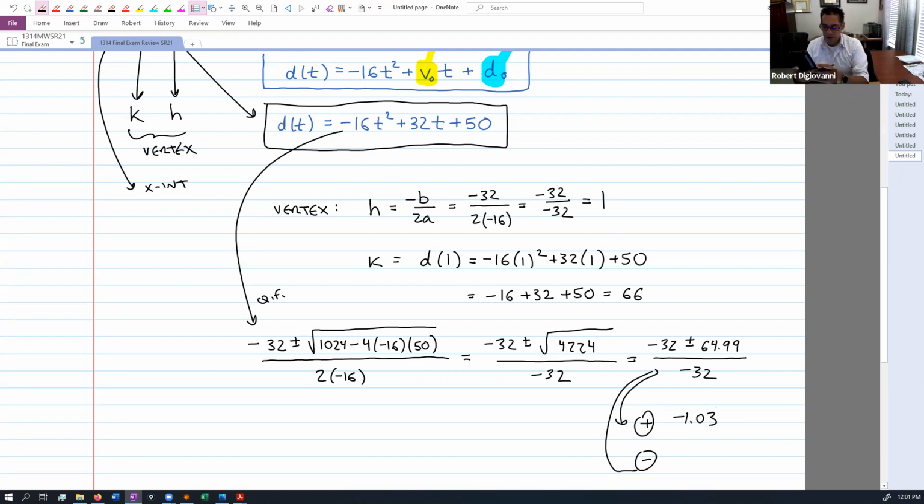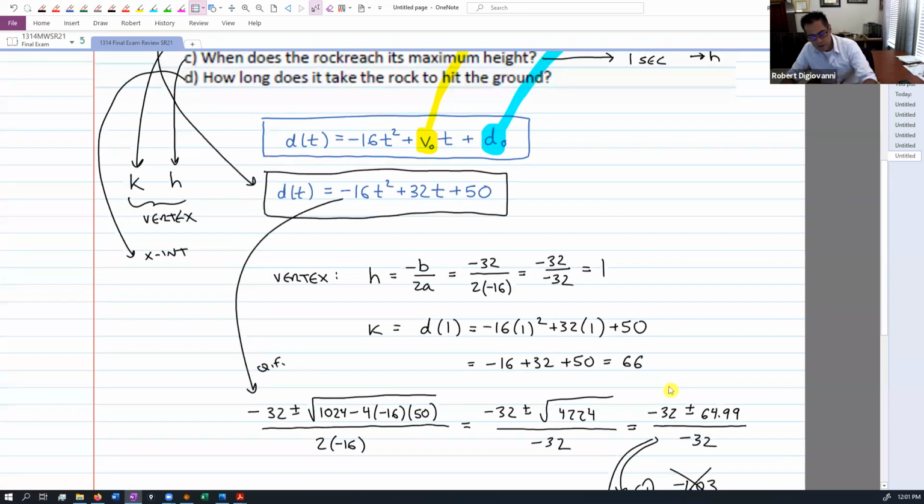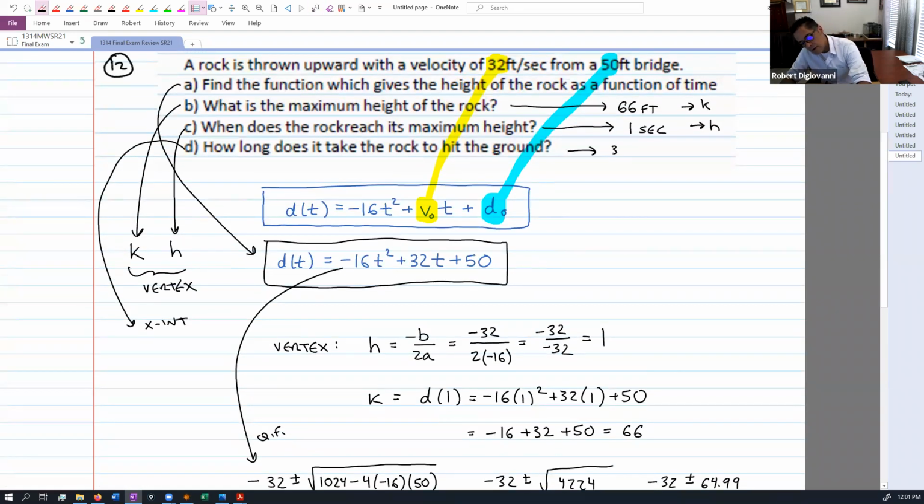And when I do the minus, I get 3.03. This is how long it takes to hit the ground. I'm going to throw away the negative answer because it doesn't make sense. So my answer to the last part is 3.03 seconds.